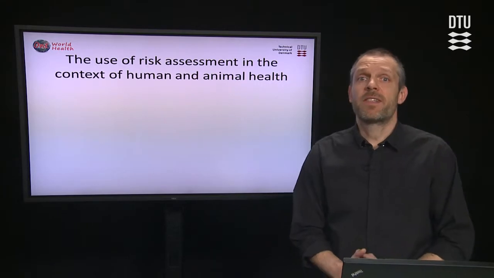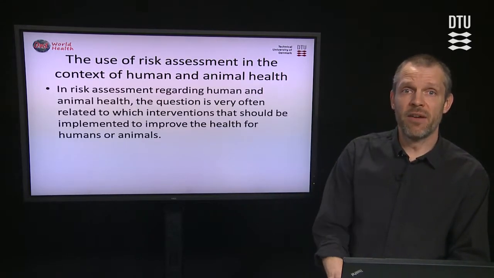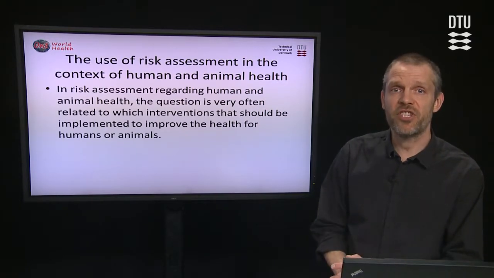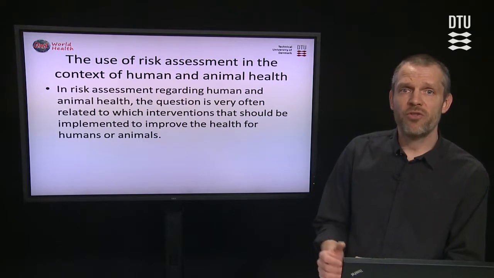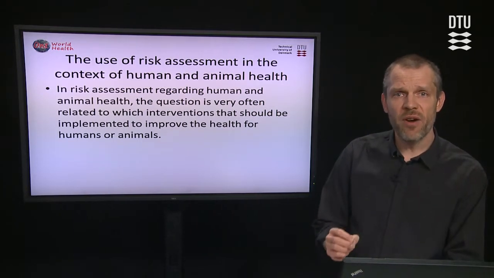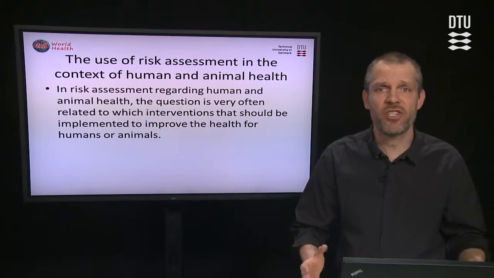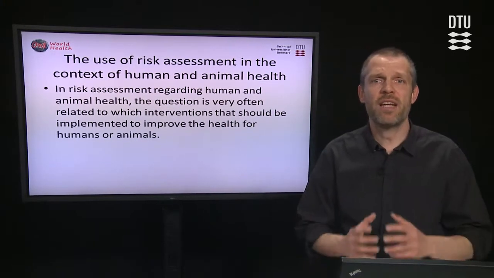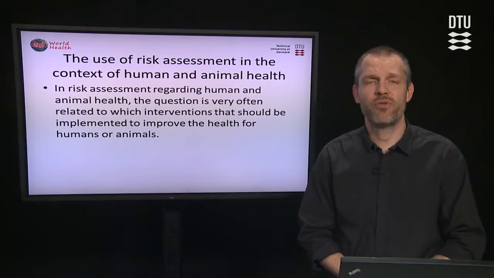Before we go to the examples, we have to say some general things about the use of risk assessment in the context of human and animal health. In risk assessment regarding human and animal health, the question is very often related to which interventions you can implement in the production of food and how we trade animals, and so on, to improve the health of humans and animals.